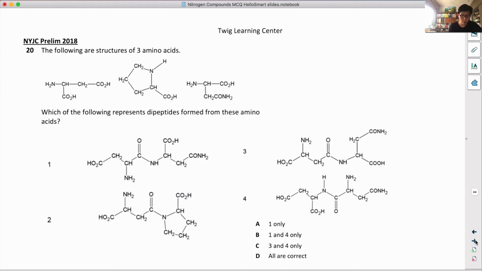So I hope you take note of this. Generally, when you form peptides from amino acids, you must realize that this is the R group.